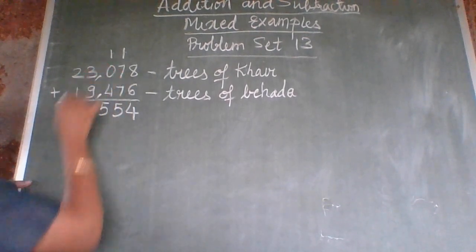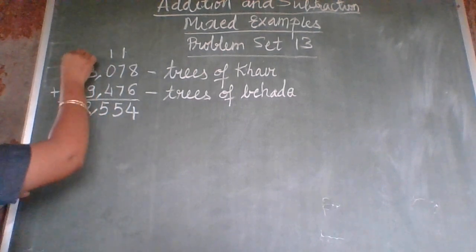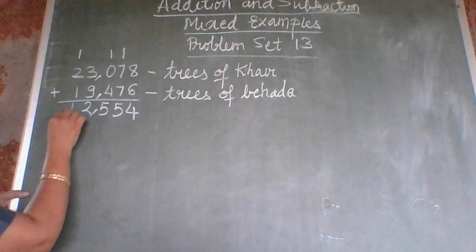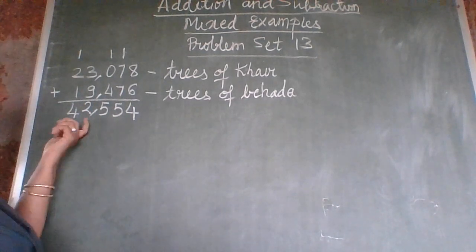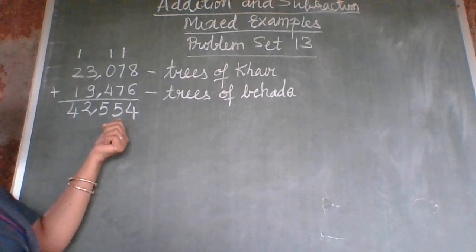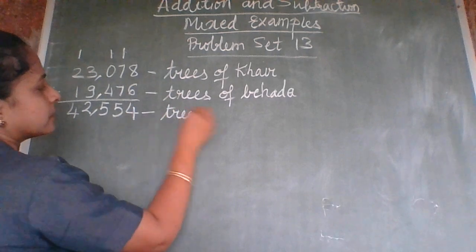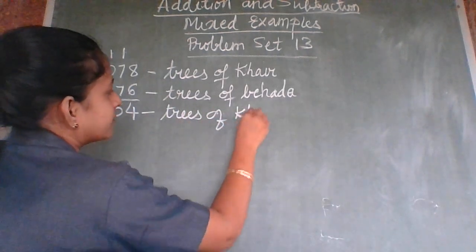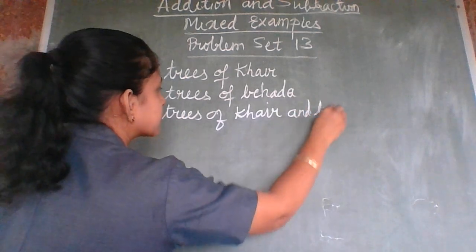Now 9 plus 3 is equal to 12, and carry 1. 2 plus 1 plus 1 is equal to 4. Now the answer comes, that is 42,554 were the number of trees of khair and behda.